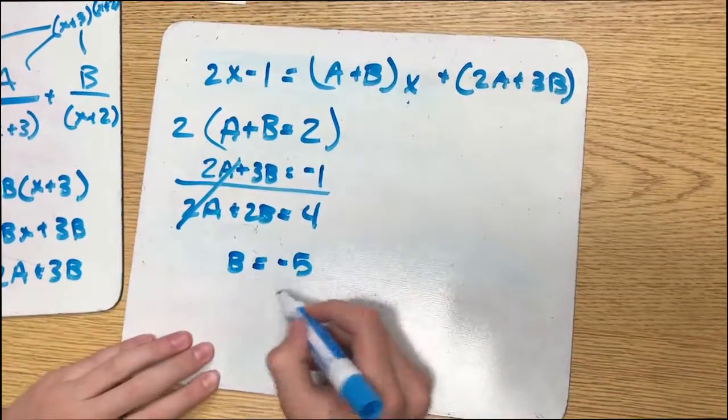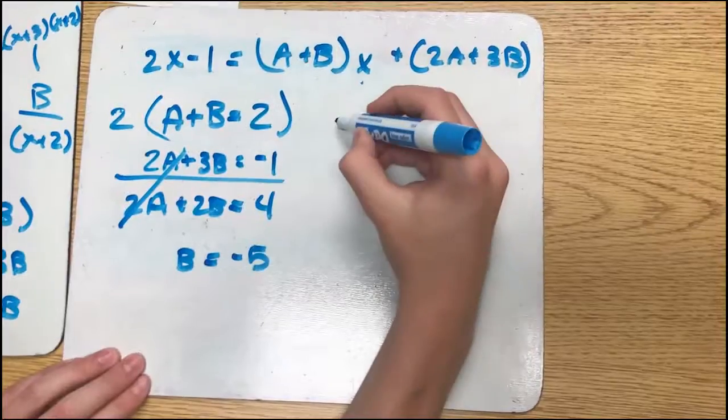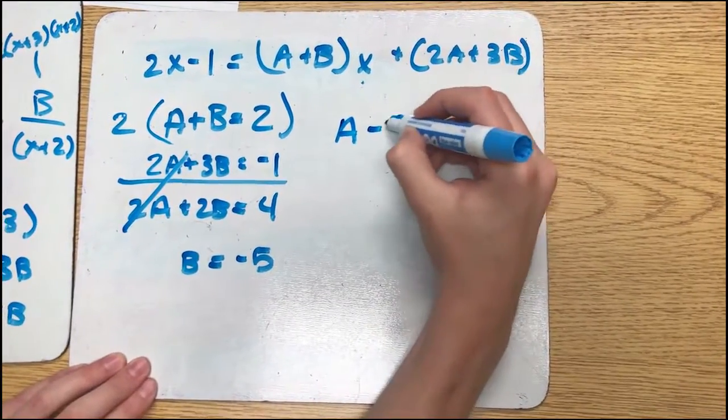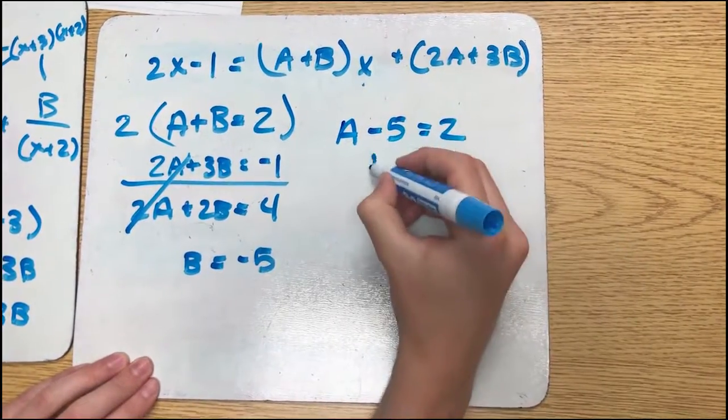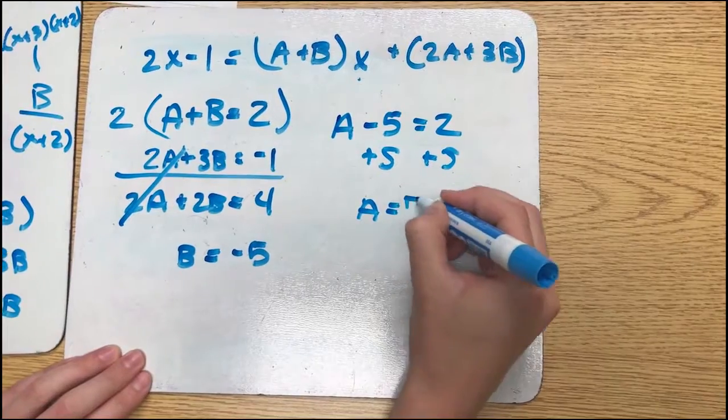And now you plug in the b for this equation up here, so we get a minus 5 equals 2, add 5, a equals 7.